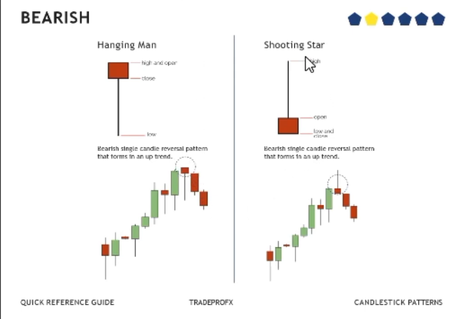So let's talk about the shooting star. The shooting star also forms at the top of an uptrend. It forms on top of an uptrend, and it has a long upper shadow and a very small body.